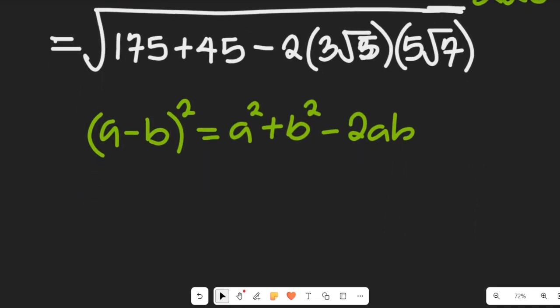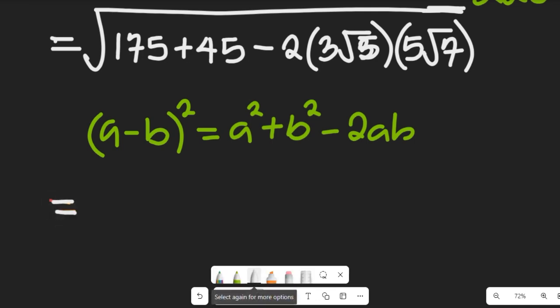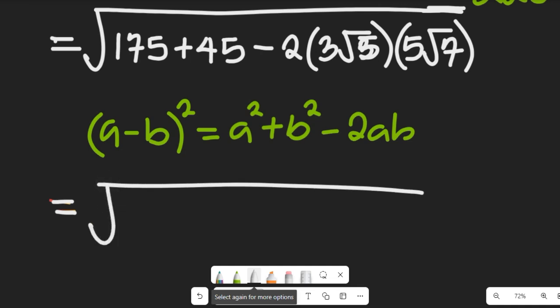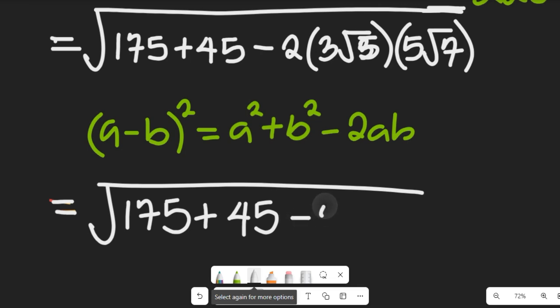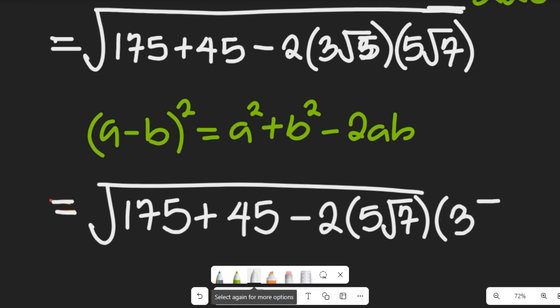So we're going to have that expression to be equal to the square root of 175 plus 45, which is 3 root 5 minus 2, the value of a, which is 5 multiplied by root 7. If we arrange this properly, multiplied by the value of b, which is 3 root 5.